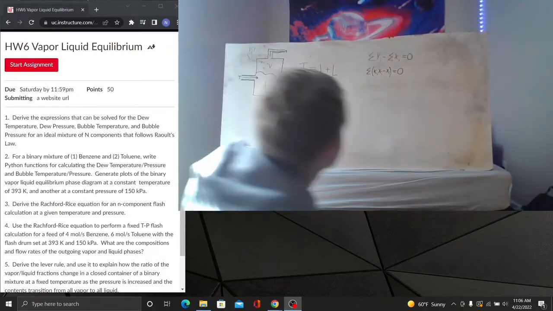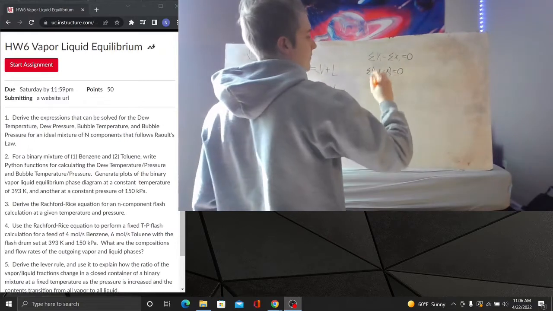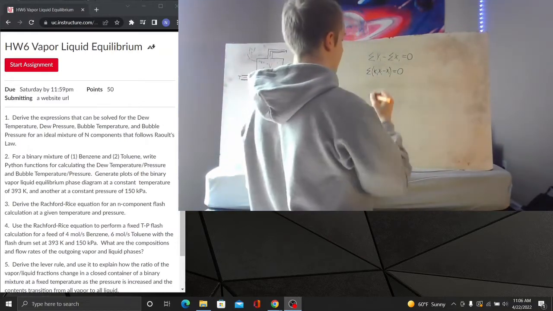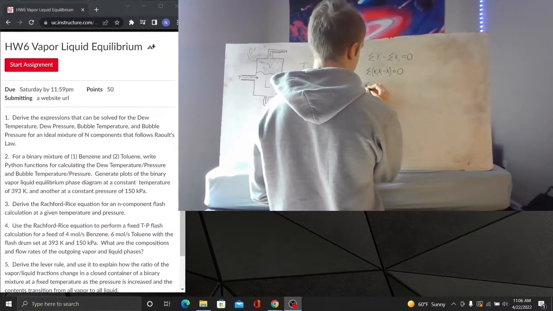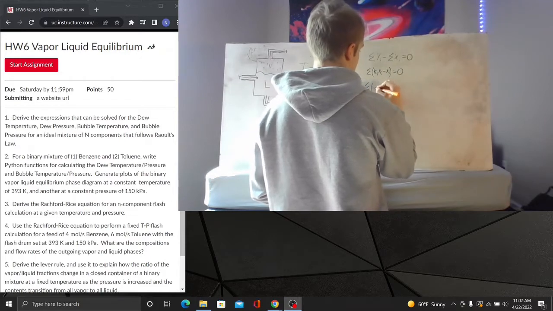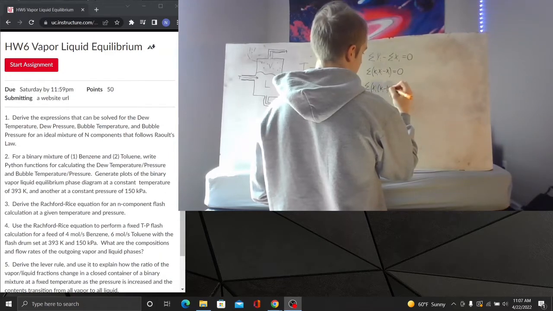So now we're going to want to substitute something in for this xi, and to make this a bit simpler, I'm just going to factor it out here. So it'll be xi and then ki minus 1 will equal 0.